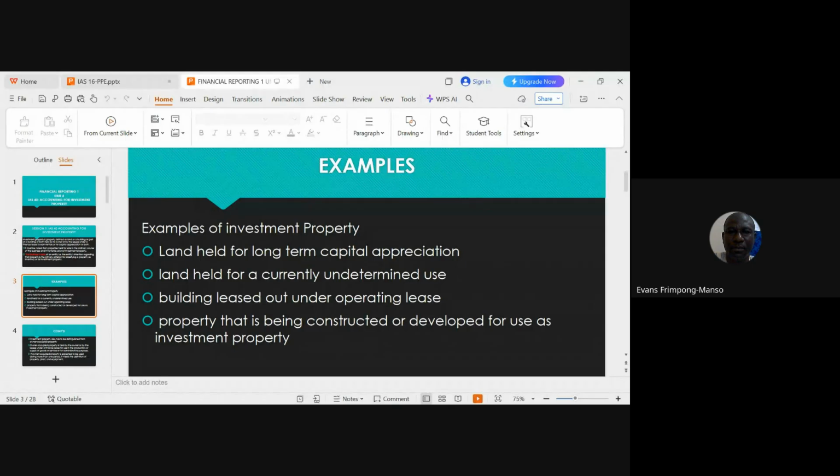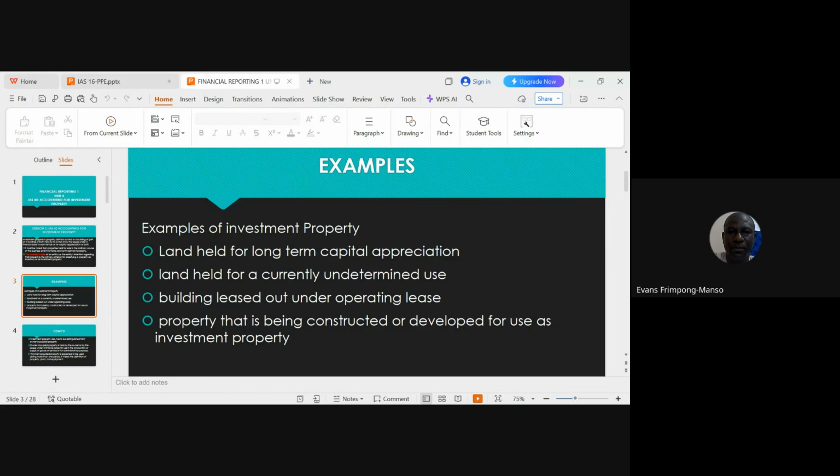Then property that is being constructed or developed for use as investment property. So these are examples of investment property. So in the quiz, I can state so many things. I may ask, which one of the following is an example of an investment property?